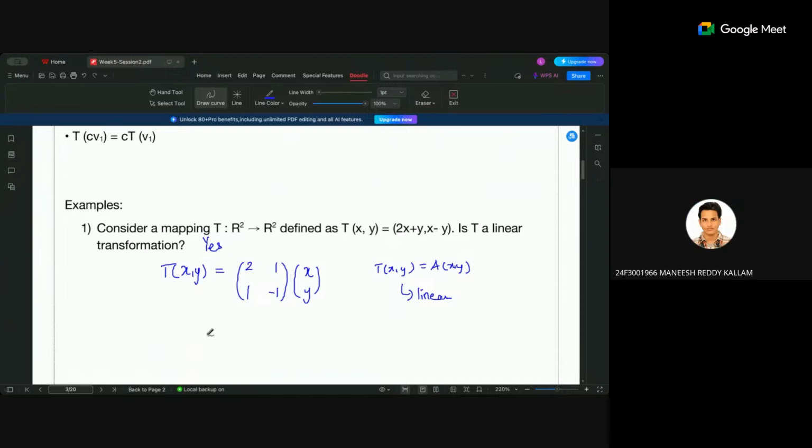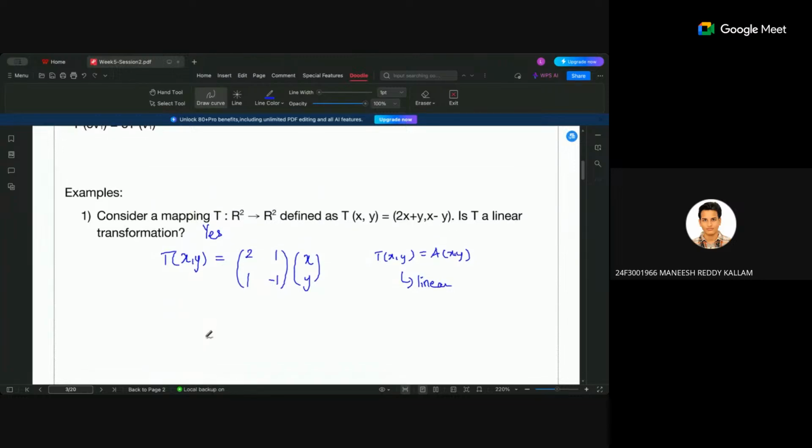Ma'am, could you elaborate on this? Could you prove the two conditions, scalar multiplication and addition? Okay, fine. Let us take a vector u, x1, y1, and a vector v, which is x2, y2. Now you have to show T of u plus v is equal to T of u plus T of v. U plus v is (x1 plus x2, y1 plus y2).